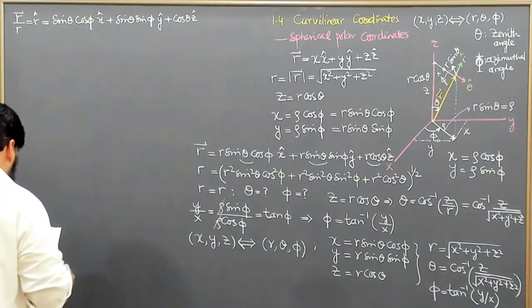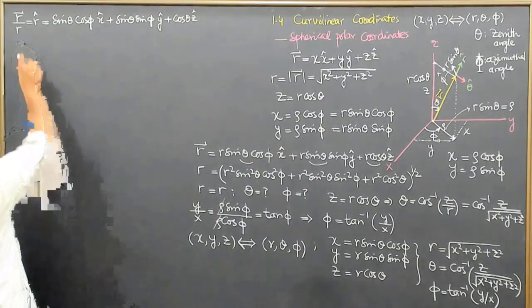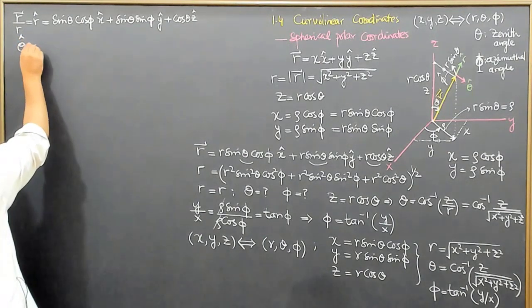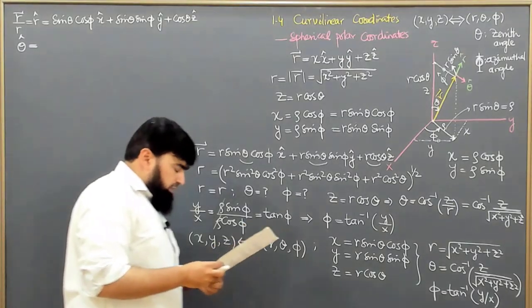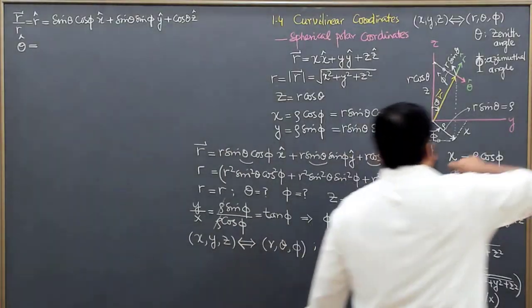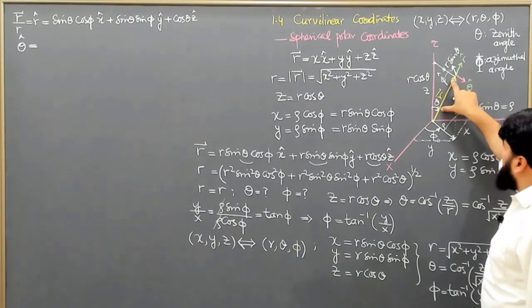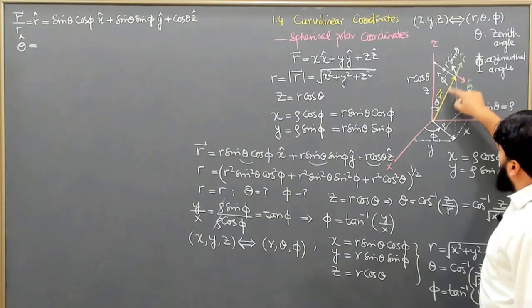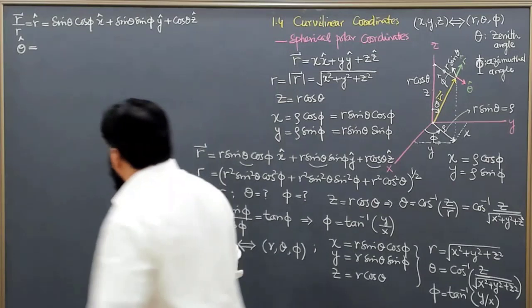Now what about the theta unit vector? First understand how we will write this one. The theta unit vector is the variation in the r vector along the theta direction, meaning the variation in r along theta.